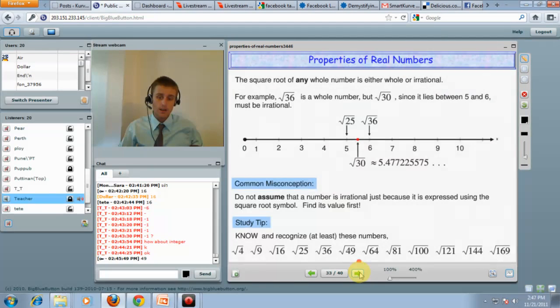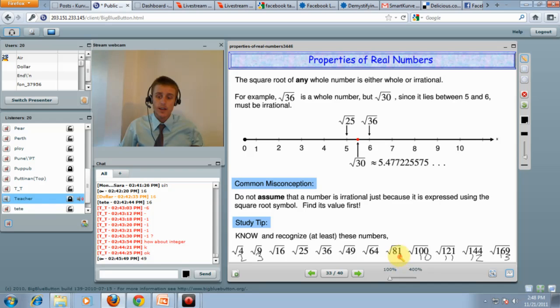Here's a list of common ones at the bottom. Root 4, root 9, root 16, root 25, root 36, root 49, and on. The square root of 4 is 2, a whole number. The square root of 9 is 3. The square root of 100 is 10. 121, 11. 144, 12. 169, 13.